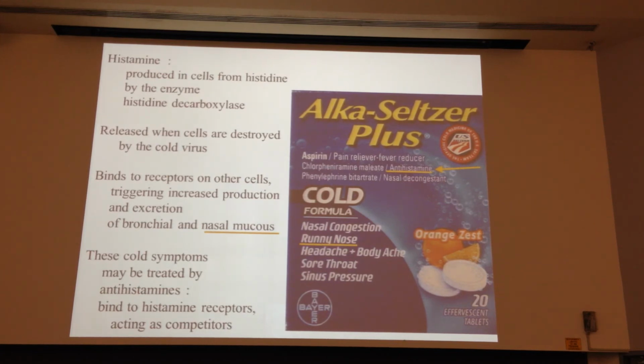Well, this is one of the ones I take. It is Alka-Seltzer Plus. It has in it an antihistamine. It's for treating runny noses. And that's one of the things it does, is just prevent this mucus from forming. So I share both of those as brief stories with a medical connection.